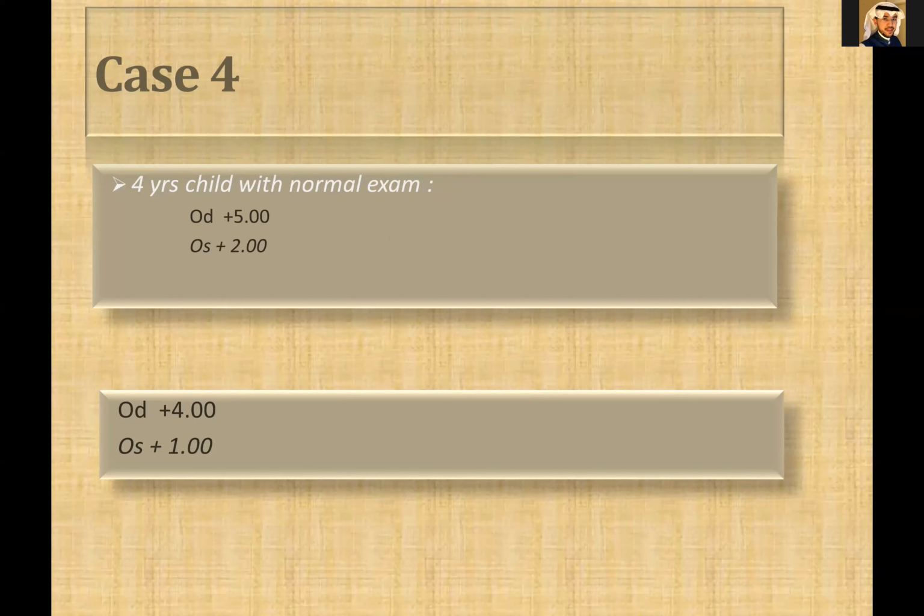So at the end, he will have like +5 in the right eye. Correct? No, I didn't understand your question. So here we undercorrect by 1 diopter. Yes, exactly. We let the patient to accommodate by 1 diopter.